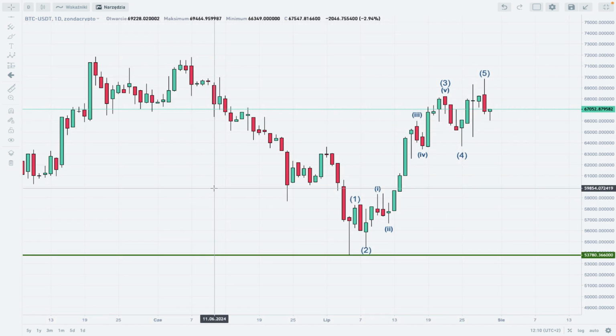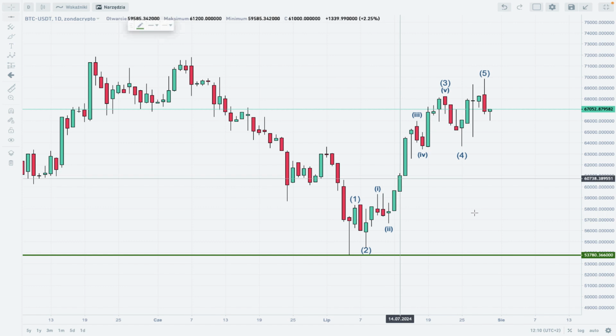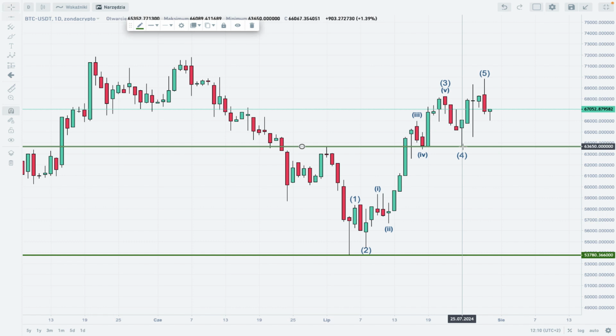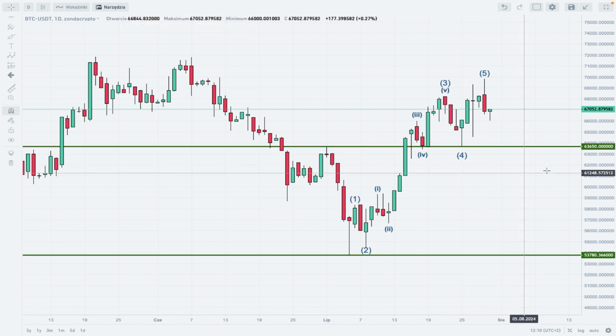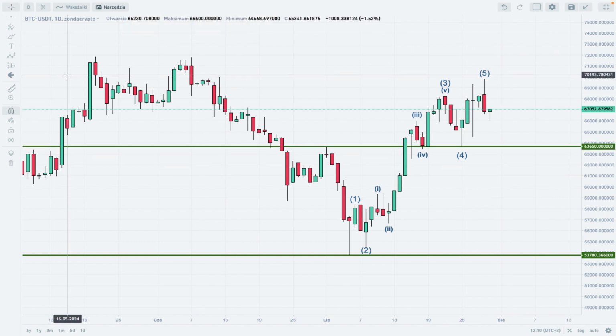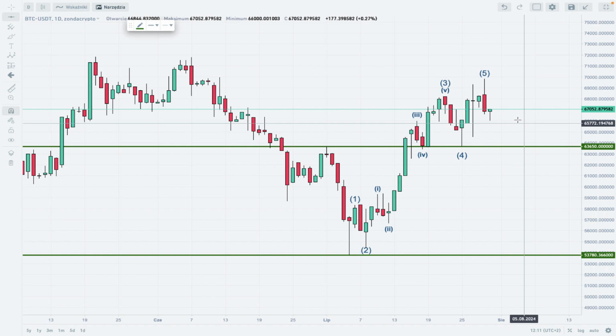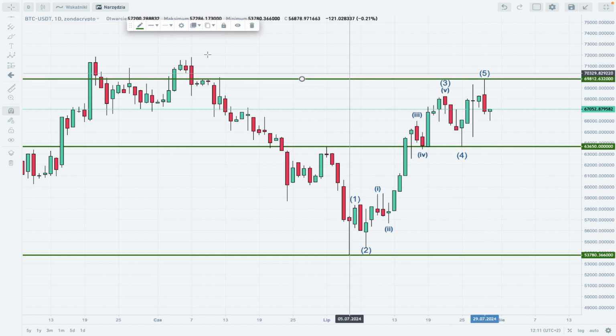Now we got another technical support. This technical support is located roughly around here, which is of course the low of the wave 4, 63,650, and now the technical resistance. So the top for the wave 5 will be the technical resistance.